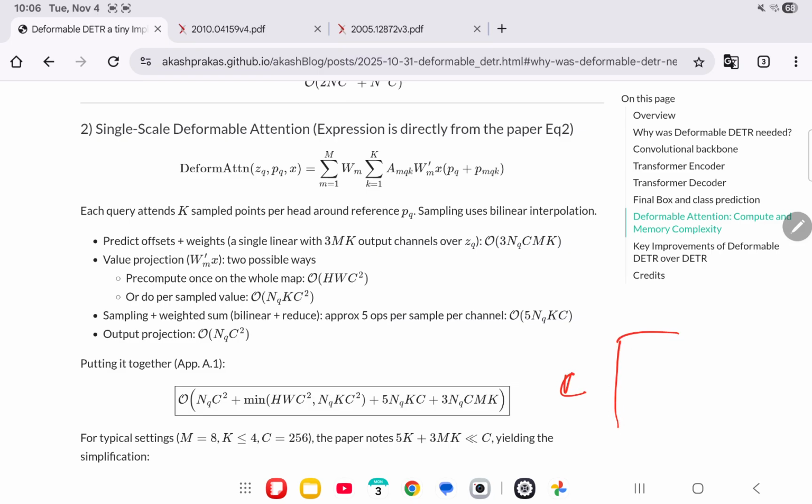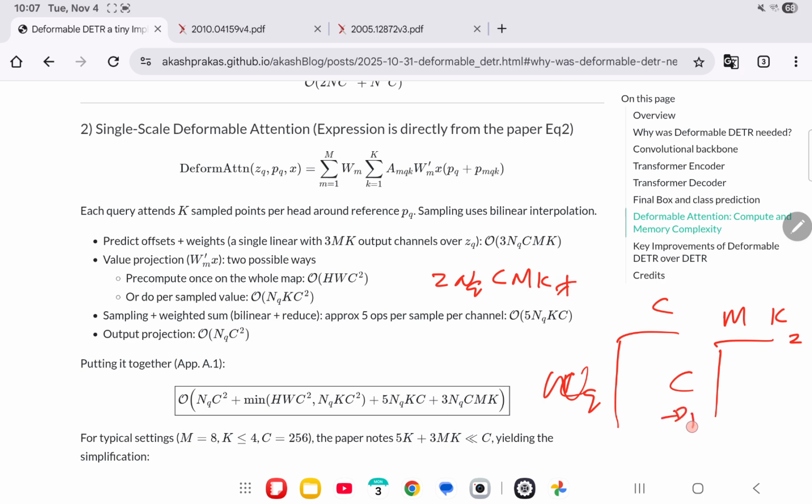So this would have been NQ C, C, M heads K. So this will be the corresponding offsets, right? You have to predict two offsets, so this will be 2 NQ C MK, and you have to correspondingly predict the weights, right?